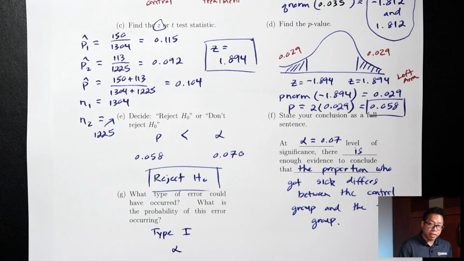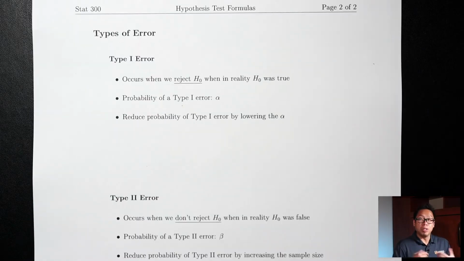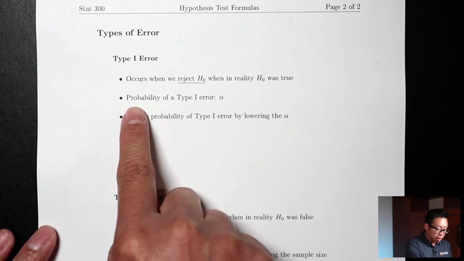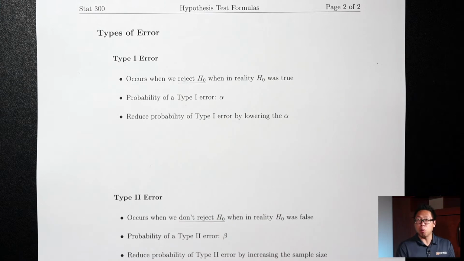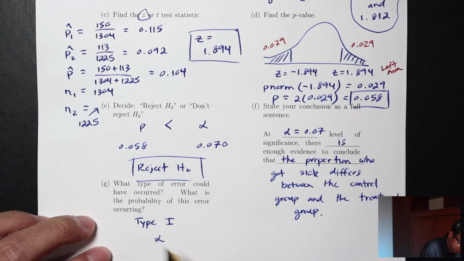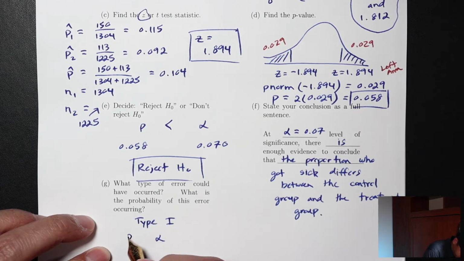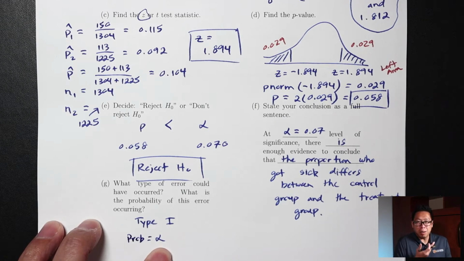And then I didn't ask it here, but I will ask it in the lab, how do you reduce the error? Because the probability of type 1 error is alpha, to reduce it, just lower the alpha. One small correction. The probability of a type 1 error is alpha. And because we actually know what the alpha is, I want you to state it.